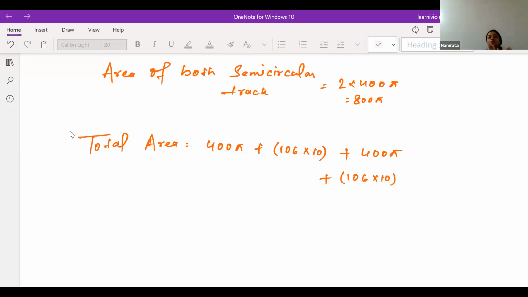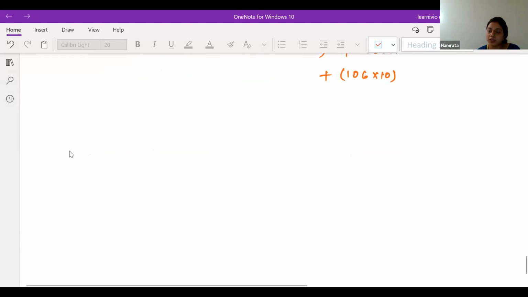And that will give the total area. Here you are supposed to substitute the pi value. Let me check whether it is given in the question or you are supposed to take it yourself. No, it's not given. So we will be taking 22 by 7. Let's move to the next one.